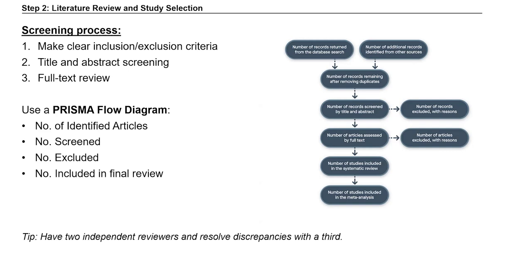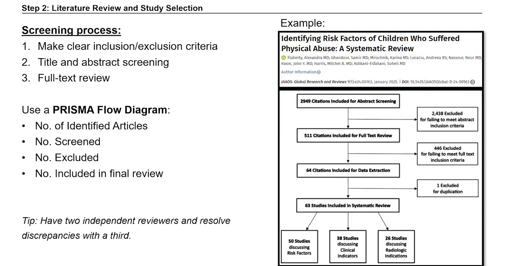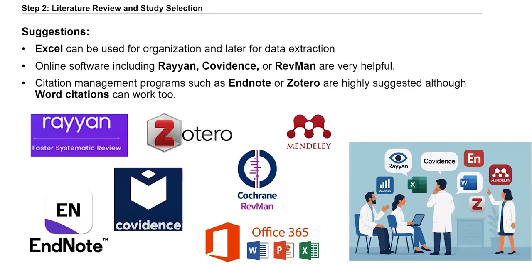It's better to have 2 independent reviewers for this process and a third one in case there are any discrepancies. And this is one of the examples of a recent publication where we used the PRISMA flow diagram to show how many papers were reviewed and how many were included in our study.